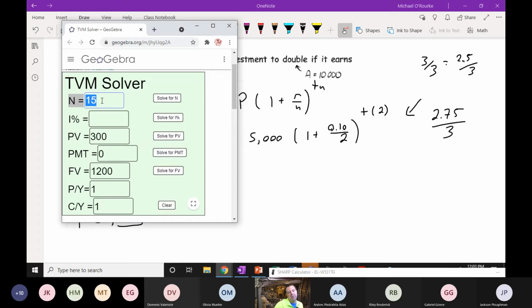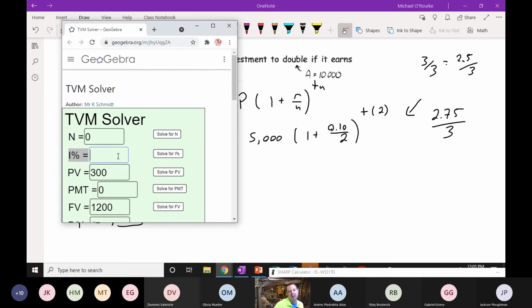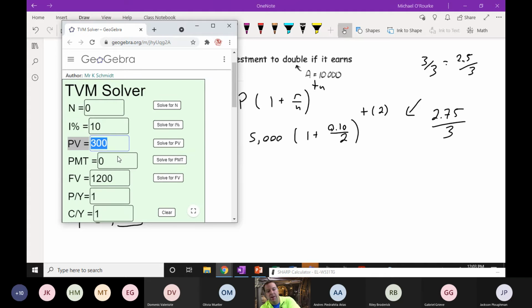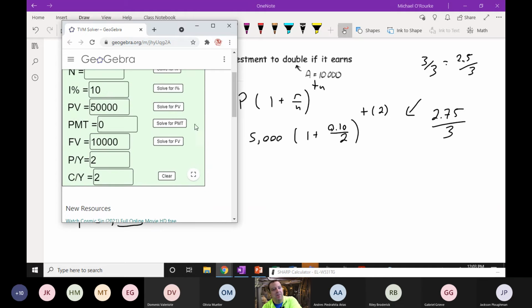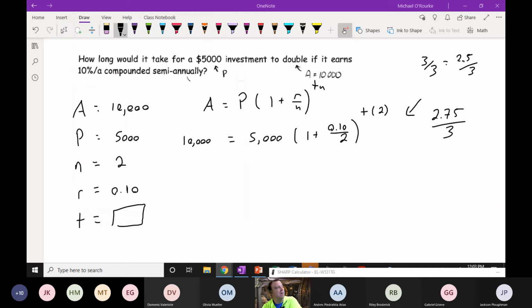I'll actually leave that blank. My percent here is 10%. My previous value was 5,000. My final value is 10,000. 2, 2, and then I'm going to find out how many. What in the world is going on with my things here? Let me try my calculator. My good calculator.